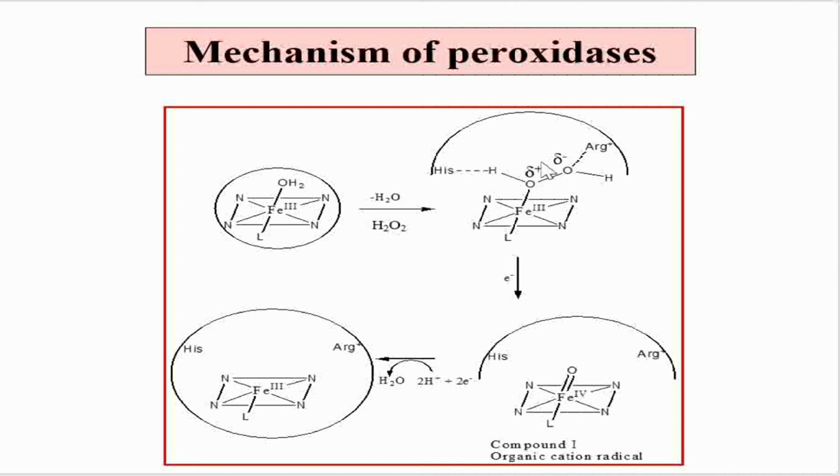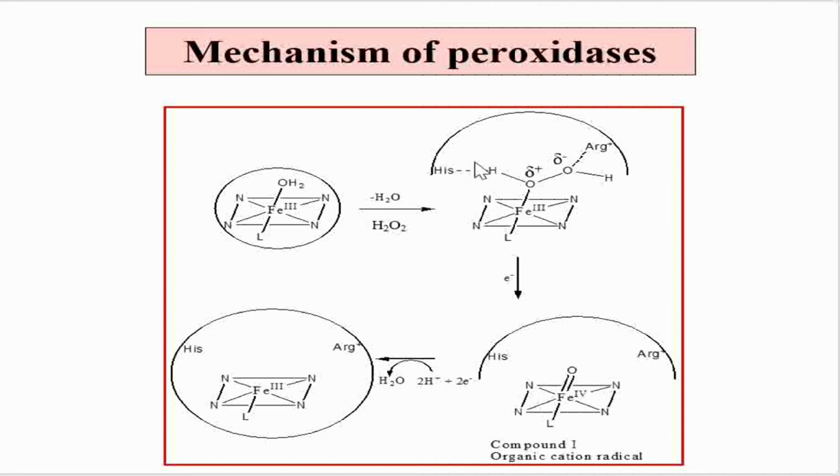And these amino acid residues are responsible for the heterolytic cleavage of this oxygen-oxygen bond. Okay, so for the breaking of this oxygen-oxygen bond, this will require charge separation, positive and negative charge separation.